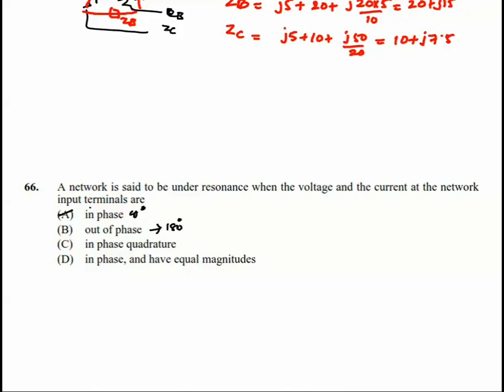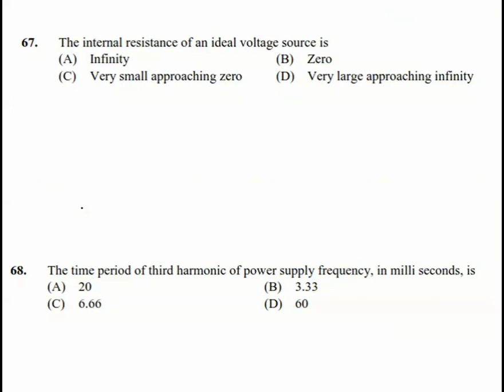At the resonance condition XL is equal to XC, so the network will have only resistance. It is a purely resistive network, so the power factor is going to be unity. That means the voltage and current waveforms are in phase quantities. So option A is the right option.